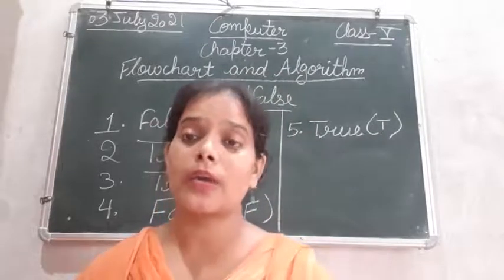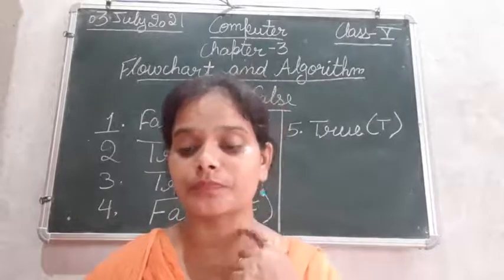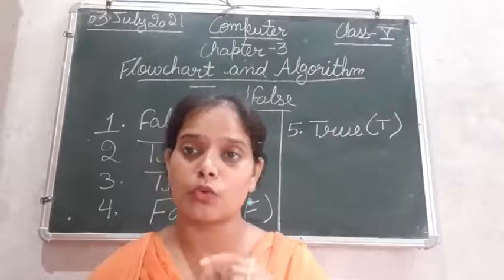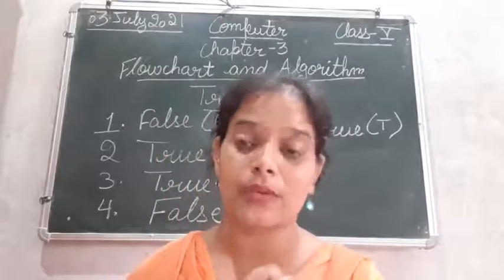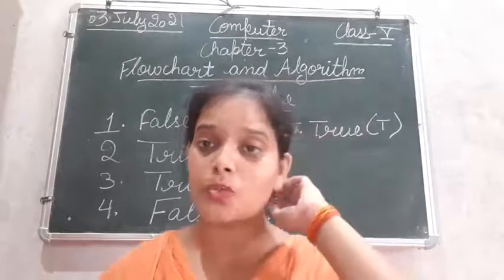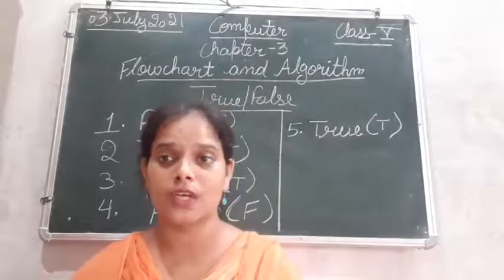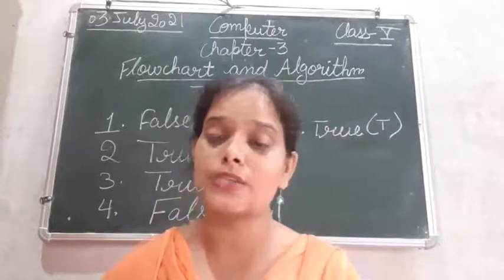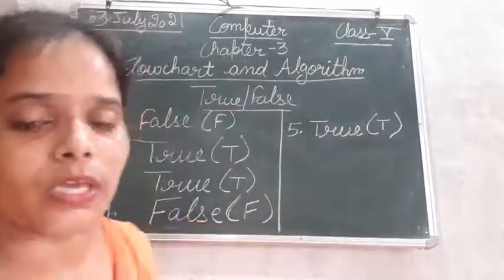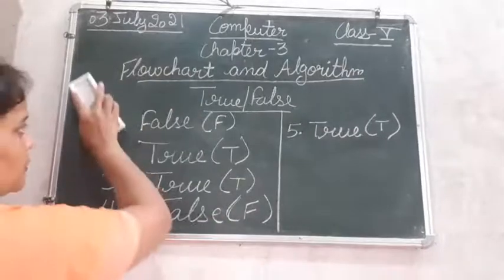We need to mention the name of these symbols. इन symbols को हम जब flow chart बनाते हुए किस चीज़ के लिए use करते हैं, what are their use, and what we call it, इसको हम कहते क्या हैं. So we need to mention the name of these symbols as well as the use of these symbols. Okay, so let's move to the fourth part.